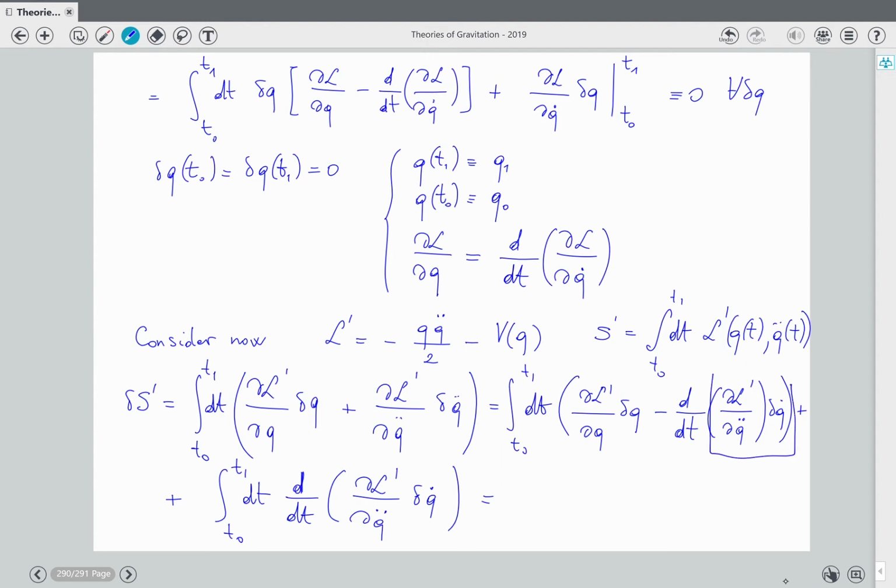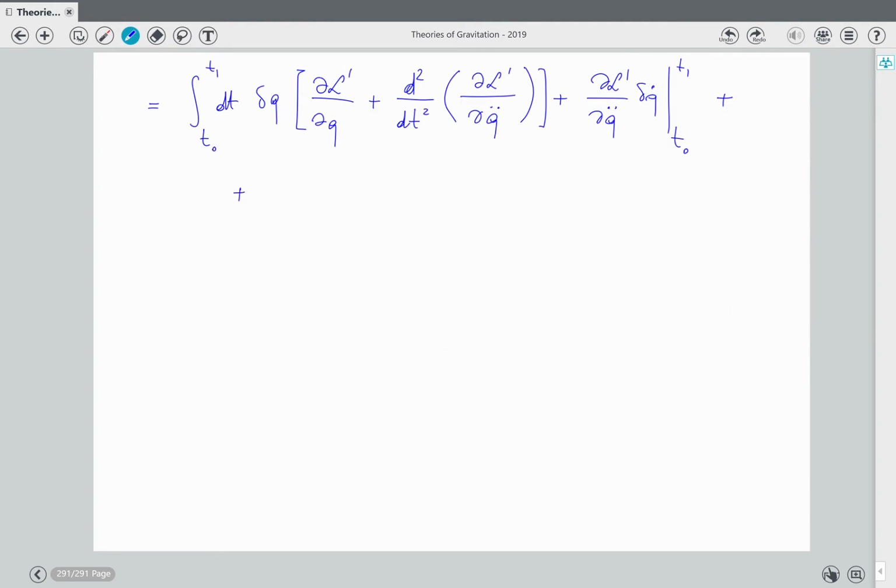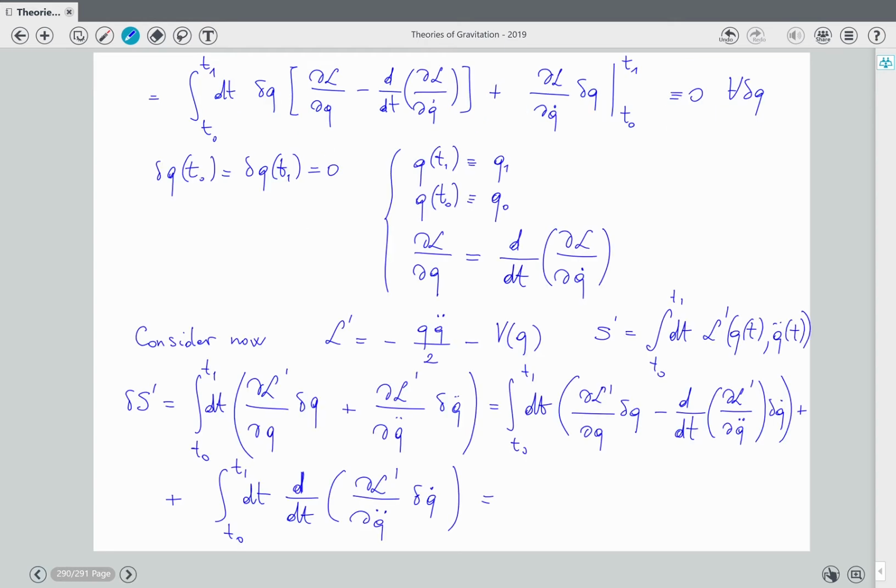You will have the total derivative of this without the dot here, with a minus. So that will be equal to minus the total derivative, d over dt, of partial L prime partial q dot dot, since this is a partial integration.